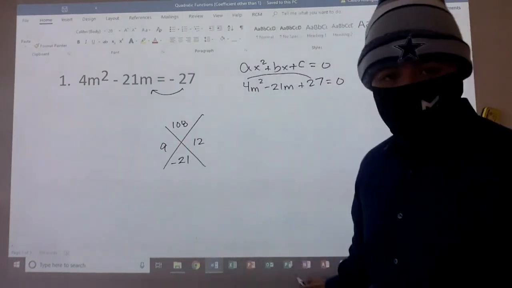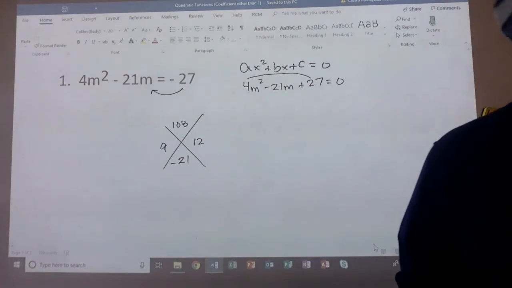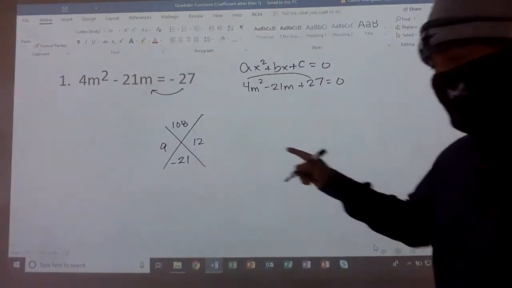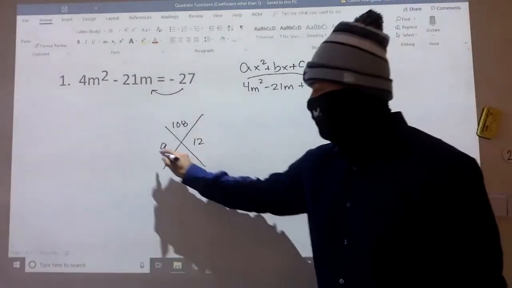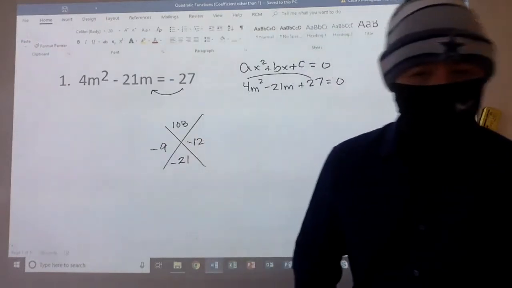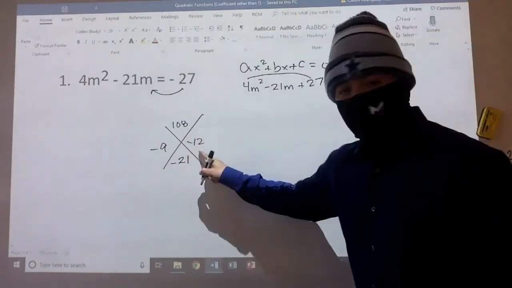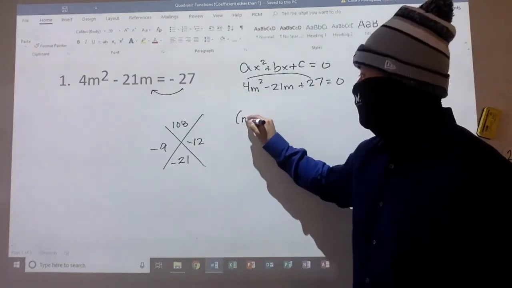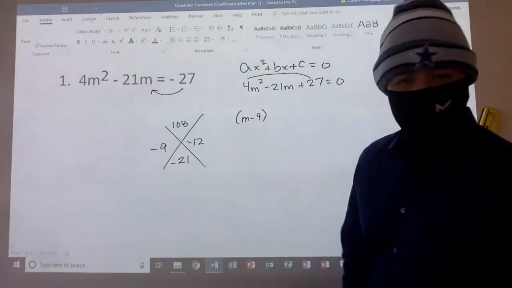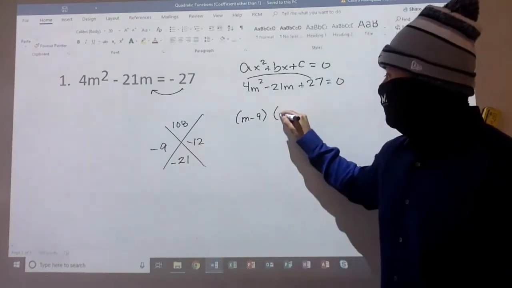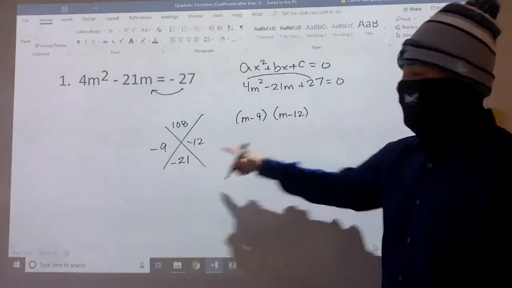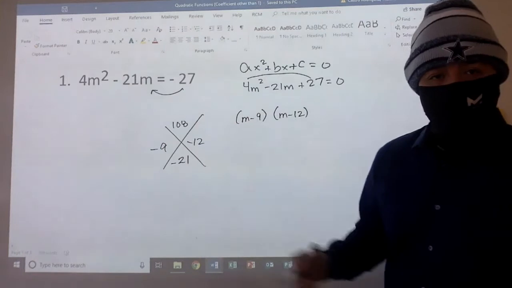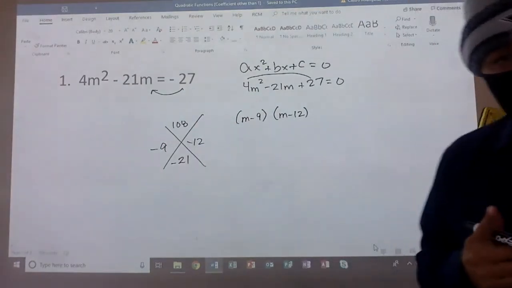And if you have my notes from the previous lesson, it says that when this one's positive and this one's negative, both of them are negative. So now I'll put them in factor form. I'm talking about an m: m minus 9, m minus 12. But the difference from the first day is this.